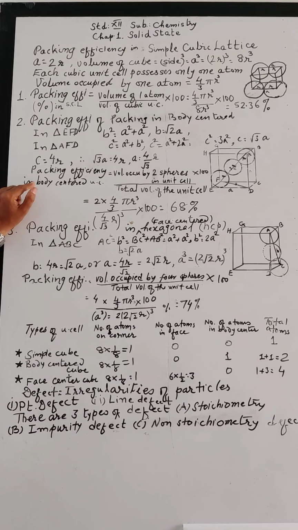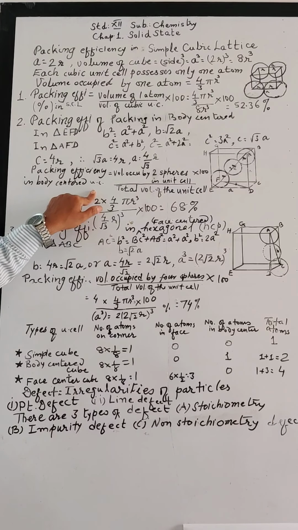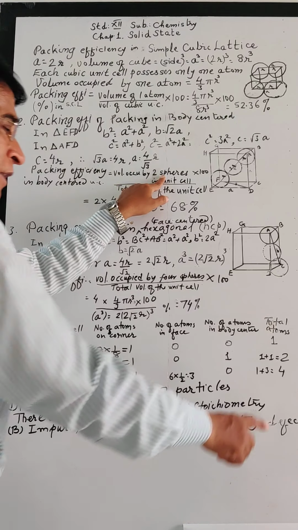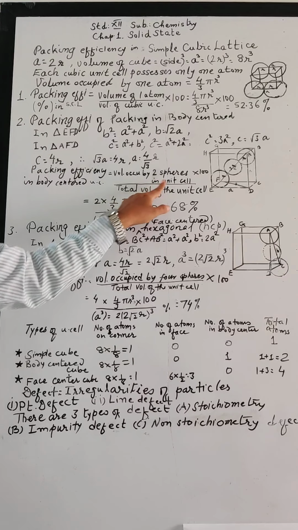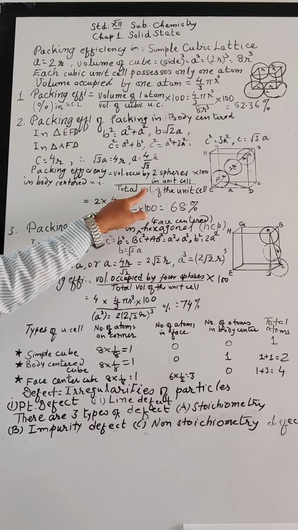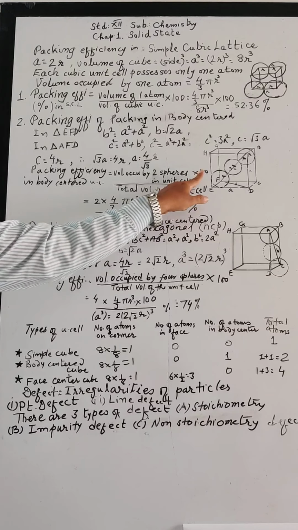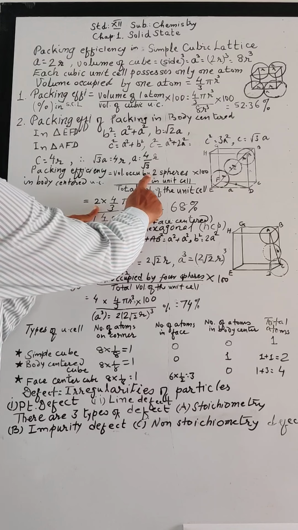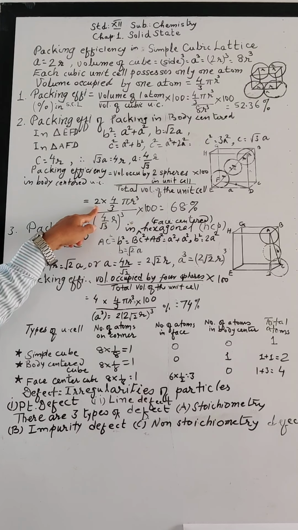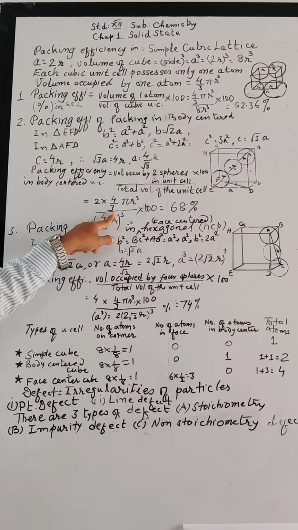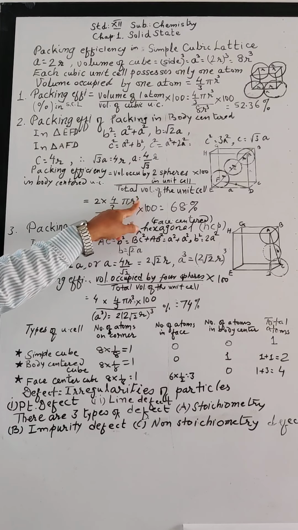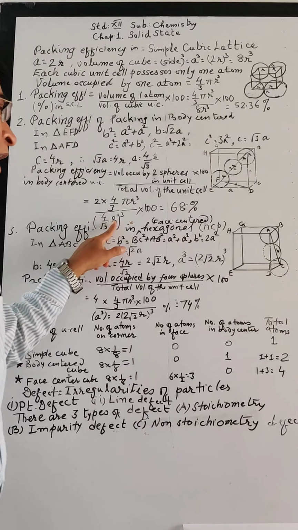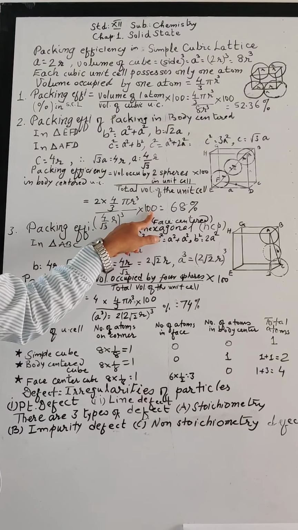So packing efficiency in body centered unit cell is equals to volume occupied by two spheres in unit cell divided by total volume of the unit cell into 100. Volume of two spheres, that is 2 into 4 divided by 3 pi r cube divided by 4 upon root 3 r cube multiplied by 100.